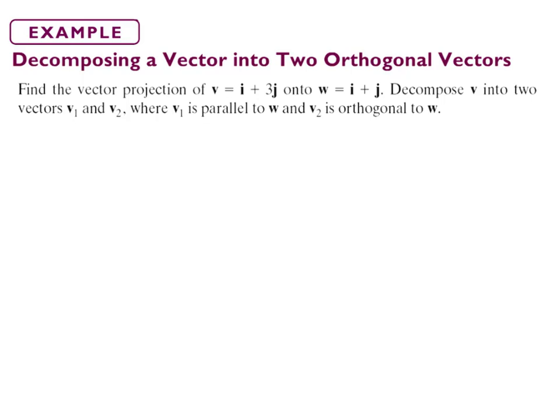So we have here our axis. We have v is 1 in the x direction and 3 in the y direction. So right there, that's vector v. And w, let me make it a different color, w is 1, 1. So there's w.